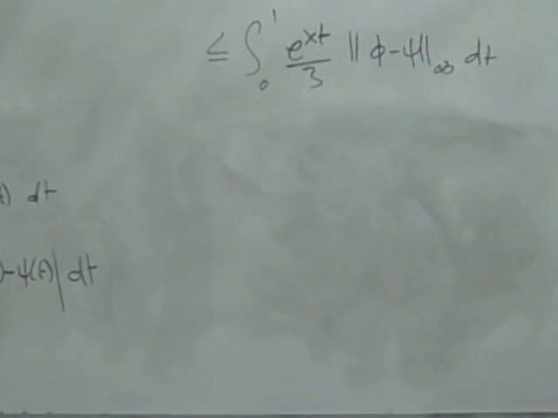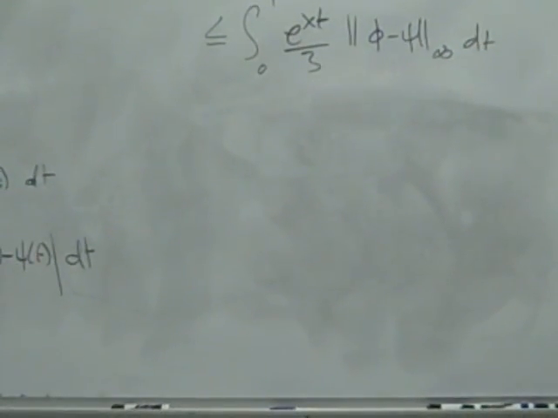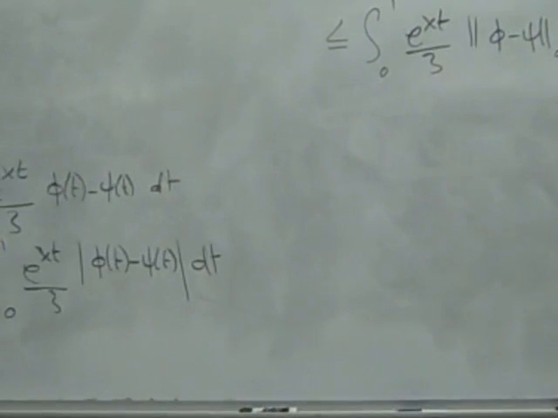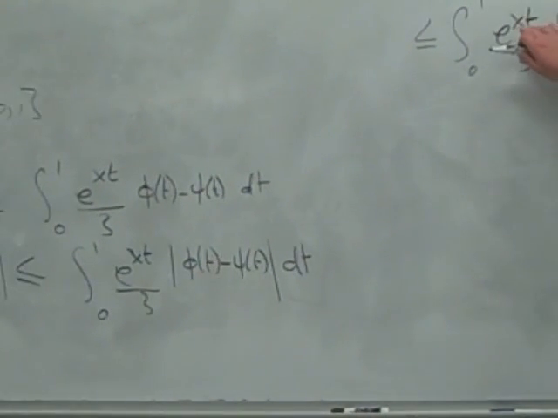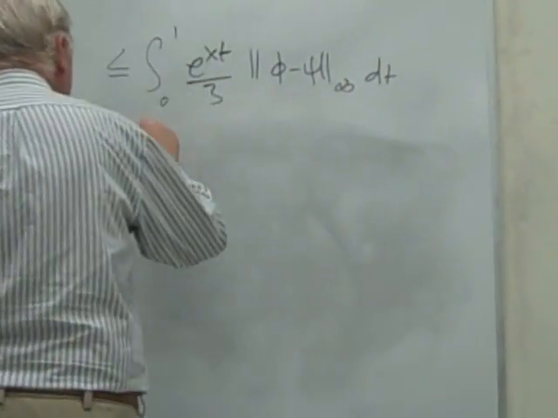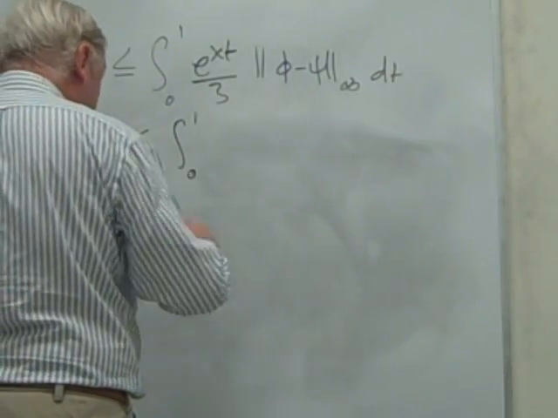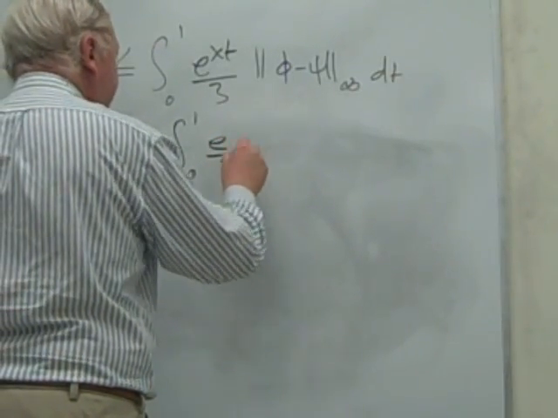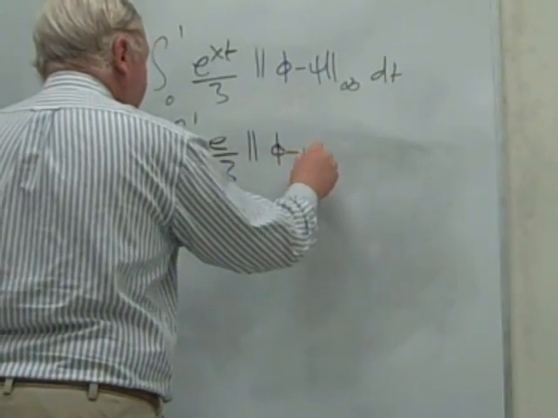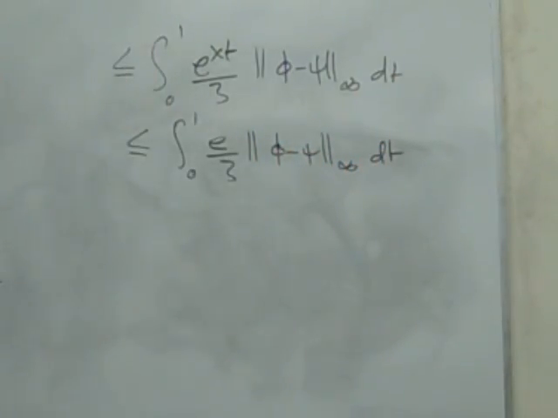And now we can estimate how large that is when x and t are between 0 and 1. The product xt is at most 1, and so we have here at most e. So this is less than or equal to the integral 0 to 1 of e over 3, it's now just the integral of a constant.